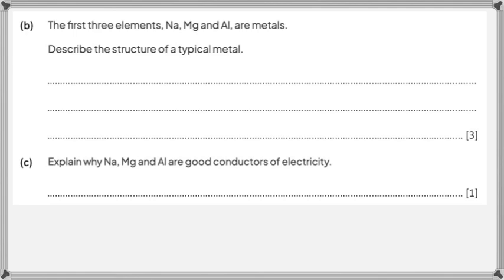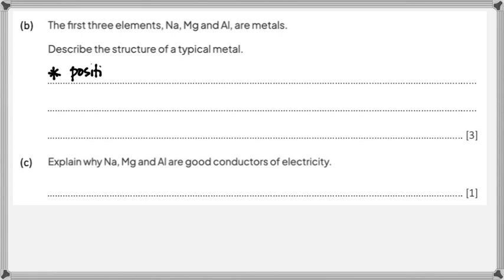Now for letter B, the first three elements, sodium, magnesium, and aluminum, are metals. Now again, there's the same command word: describe the structure of a typical metal. We have mentioned a lot of things here. You can say first, we can have their positive ions.